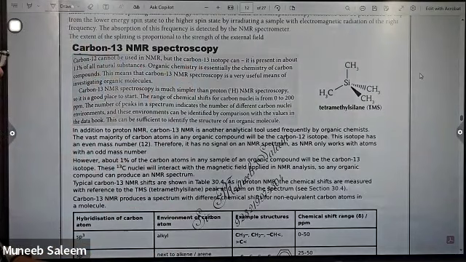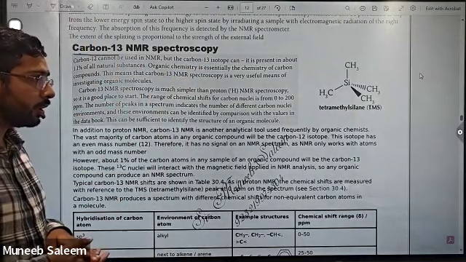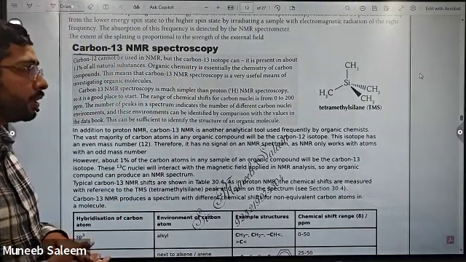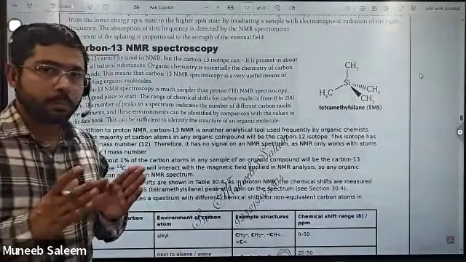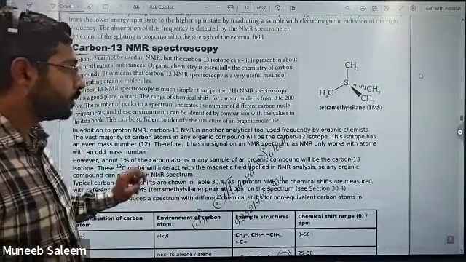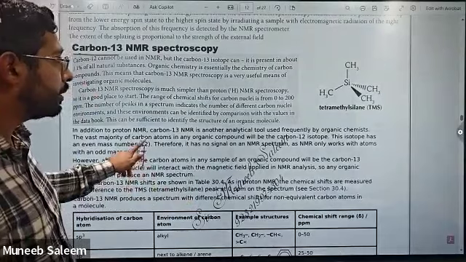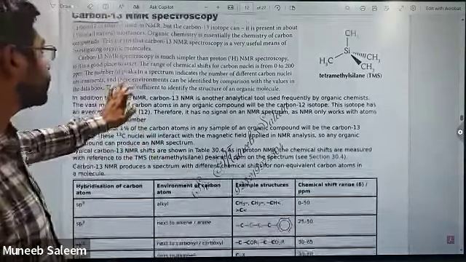Carbon-13 will be present in organic compounds, and that can be used to find how the peaks are formed. In NMR spectroscopy, the peaks of carbon-13 will be visible on the graph, and those carbons will be present in the molecules.